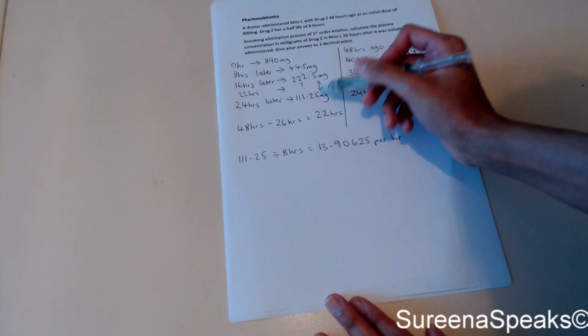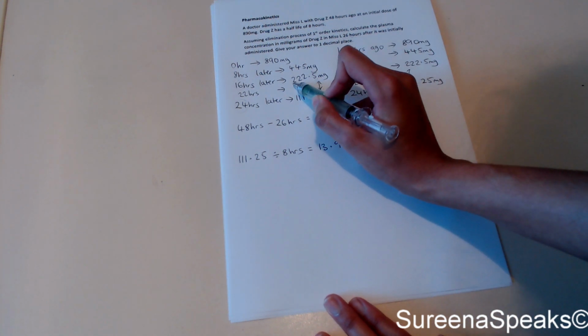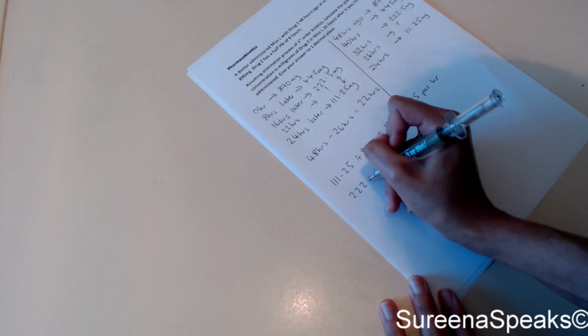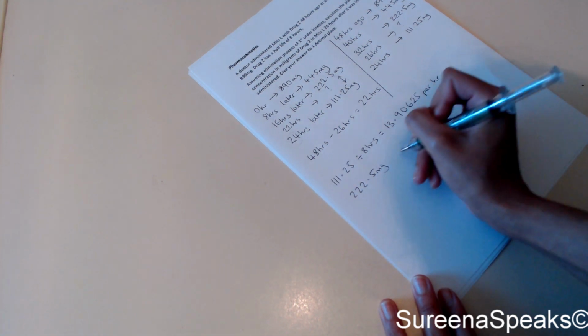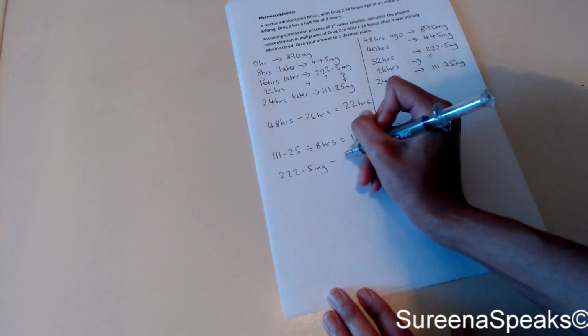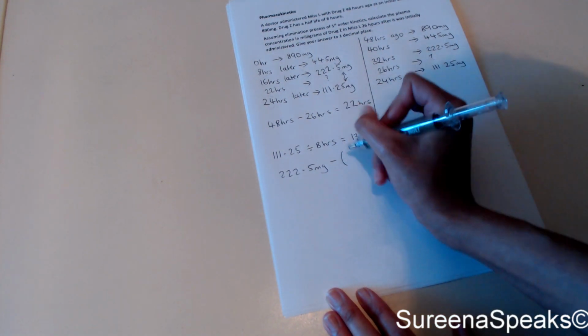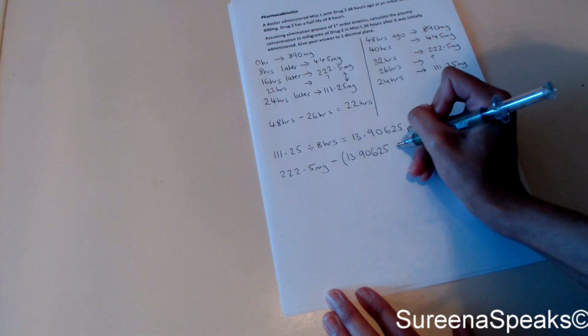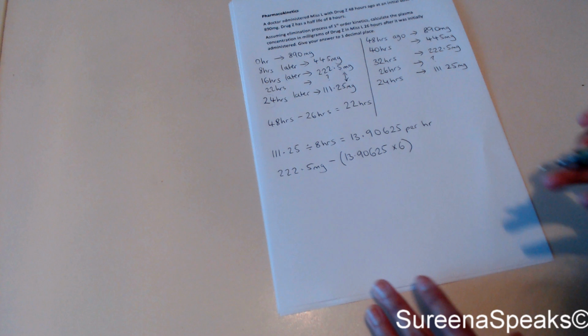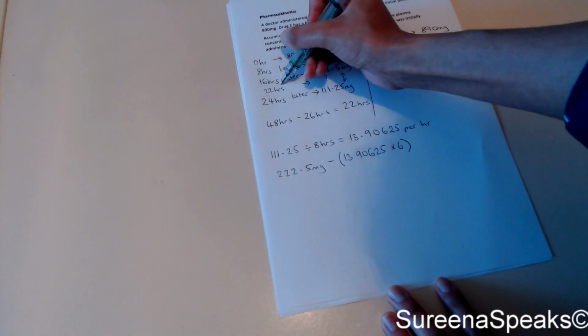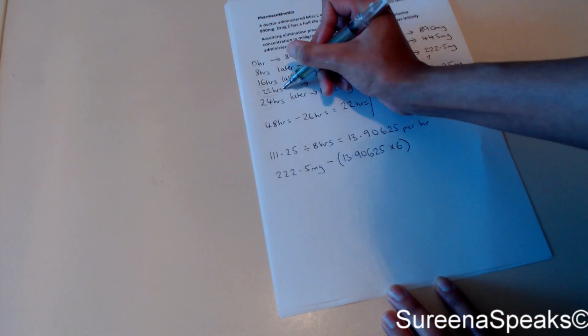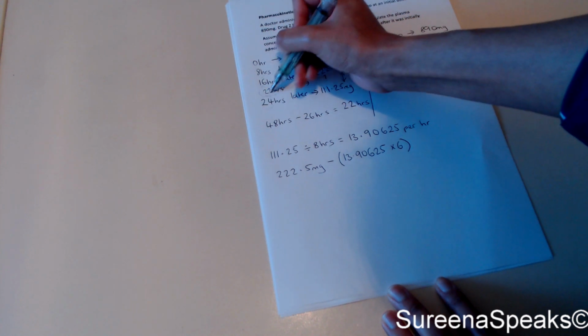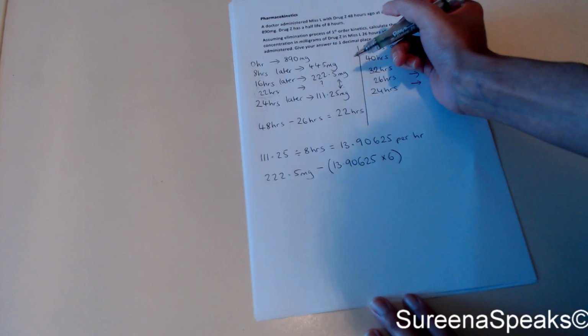Now, 16 hours later, 222.5 milligrams was given. So let's jot that down. What we want to do is minus it by 13.90625 times by 6. Why 6? Well, because we're working out how much was given 22 hours ago. Well, 22 hours from that 0 hour starting point.